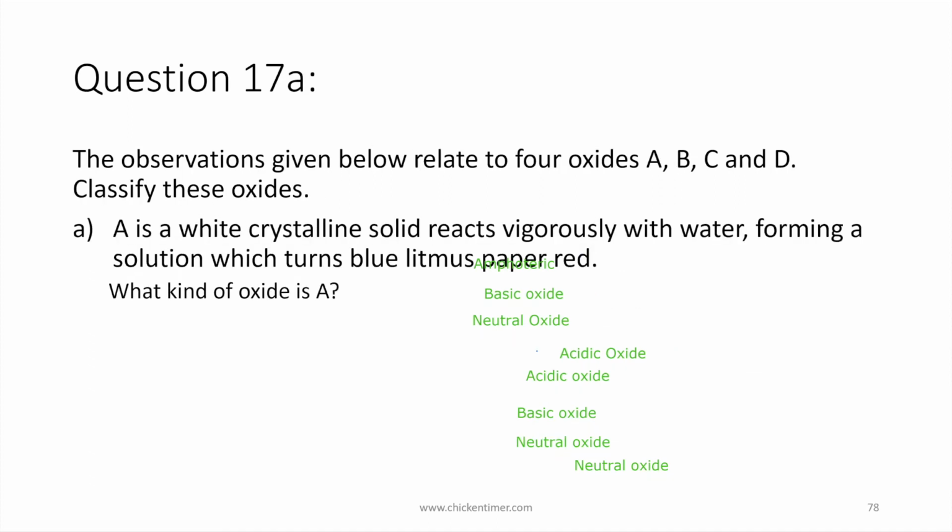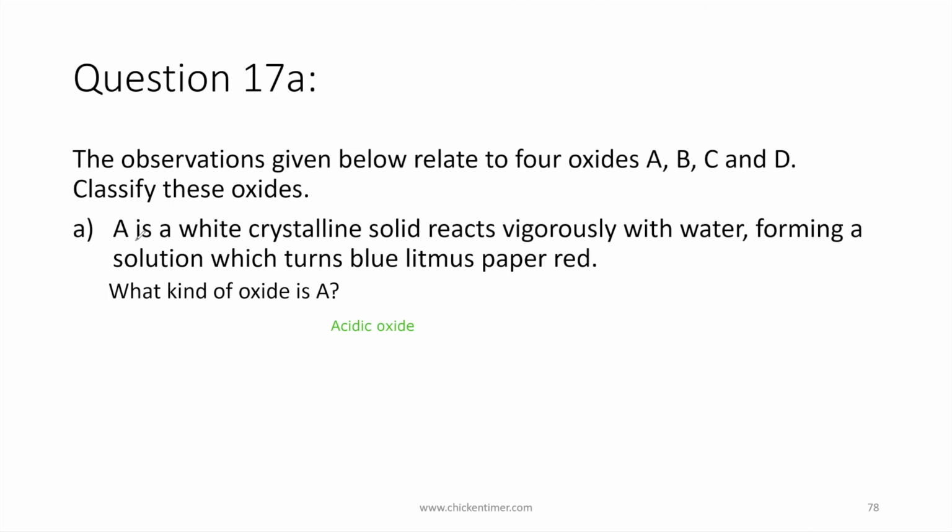So now we have another set of questions. You have to deduce what kind of oxides are these 4 oxides based on the characteristics given by the question. Why is it an acidic oxide? What evidence shows that it is an acidic oxide?